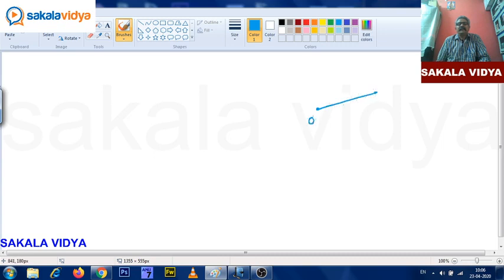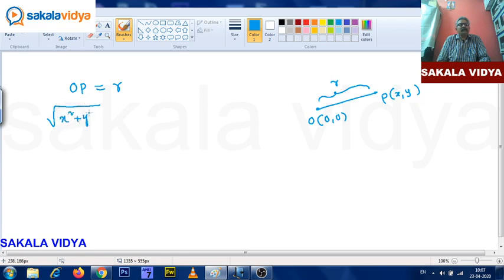Say this point is O, 0 comma 0, and this point is P x comma y. For example, this distance is the fixed distance, say r. Now, using the distance formula, OP is equal to r. Distance between 2 points gives root of x square plus y square is equal to r. Squaring on both sides, we get x square plus y square is equal to r square.